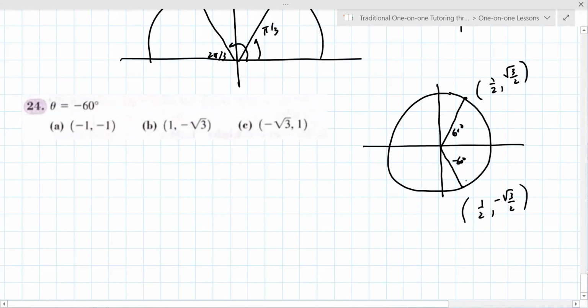So you just match the one that seems to most closely match that, which is that one there. You can make the triangle if you want to verify that. That's 1, and that's minus square root of 3, and you get 2 there. Same thing.